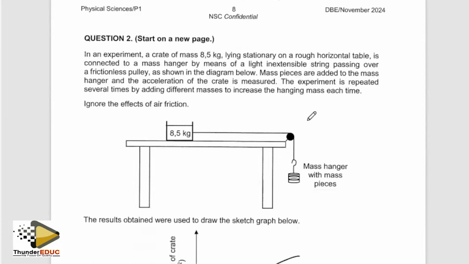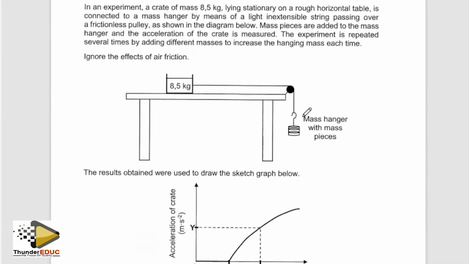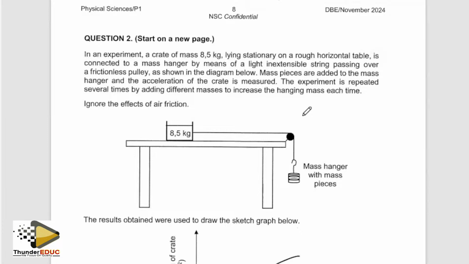Then question 2. In an experiment, we have a crate of mass 8.5 kilograms that is lying stationary. That's the keyword. On a rough horizontal table, it's connected to a mass hanger by means of a string that is passing over a pulley shown.